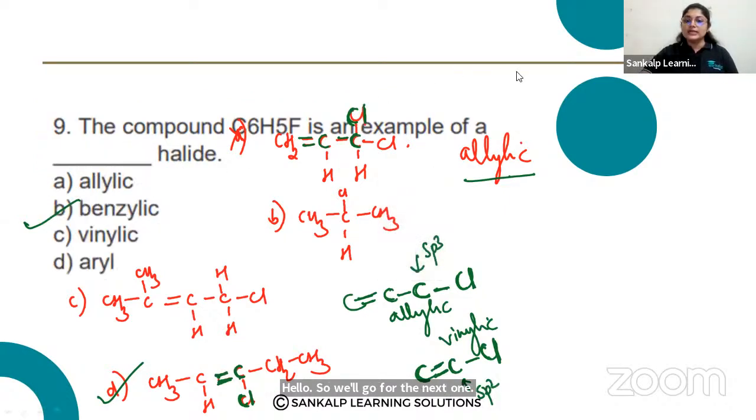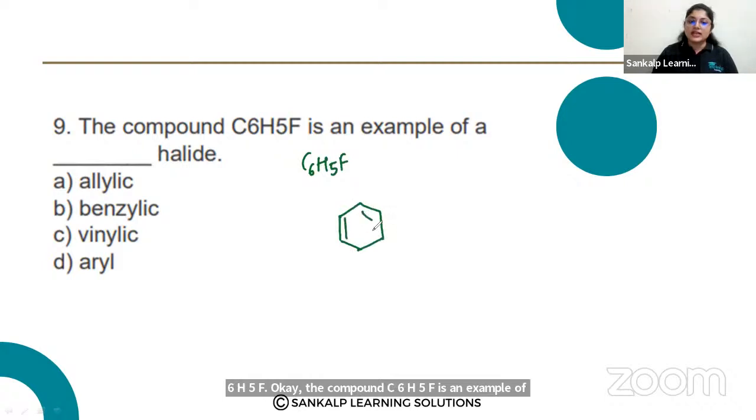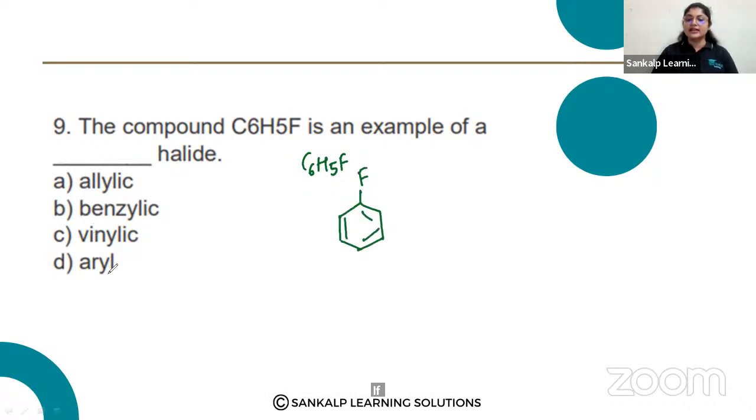The compound C6H5F. The compound C6H5F is an example of, so is it an allylic halide, benzylic halide, vinylic halide, or aryl halide?